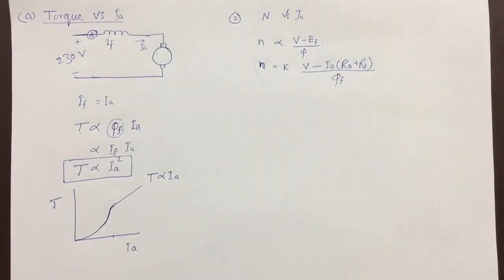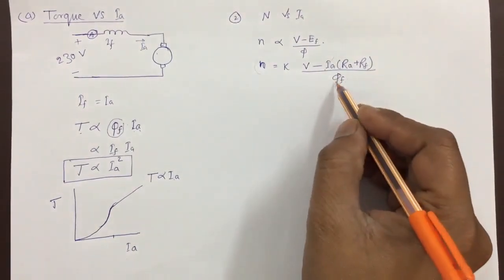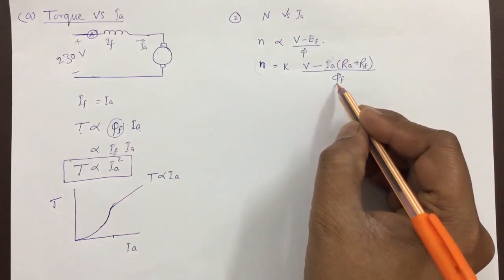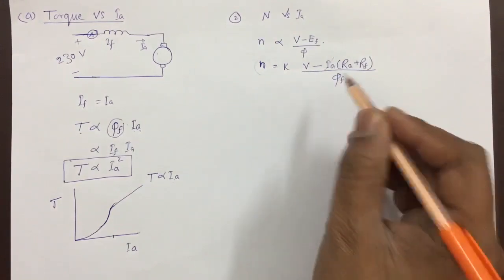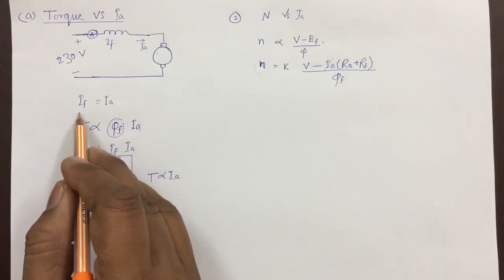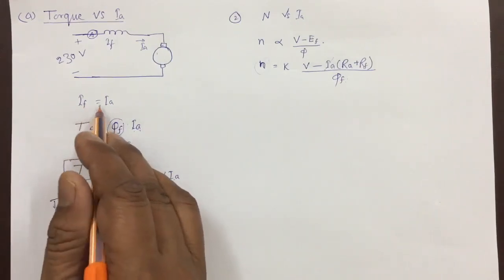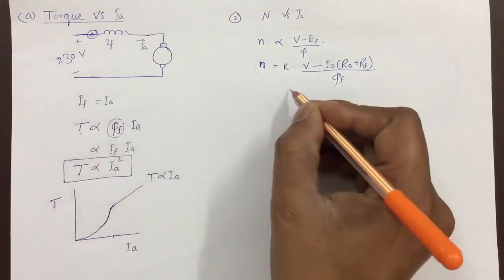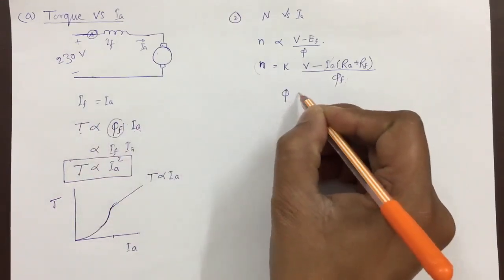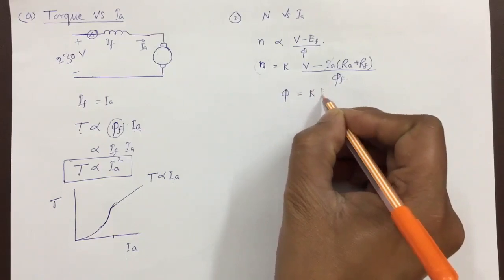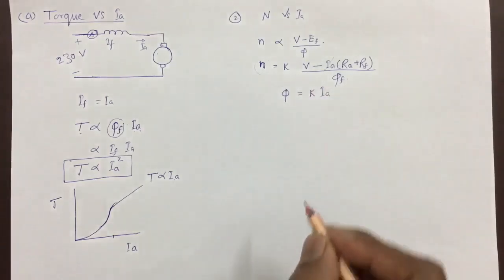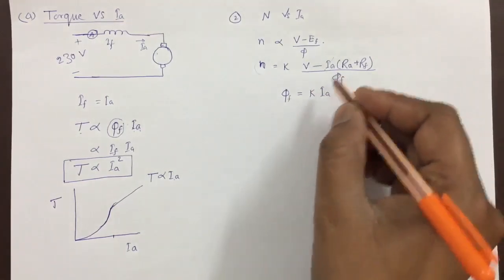From here, we have known that phi is proportional to IF, and IF is equal to IA. So we can say phi is equal to a constant times IA.